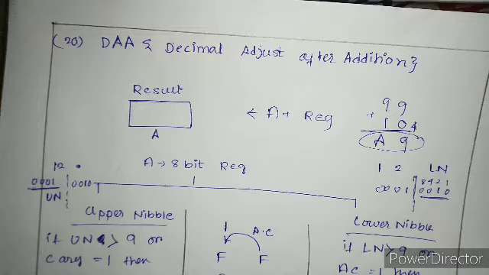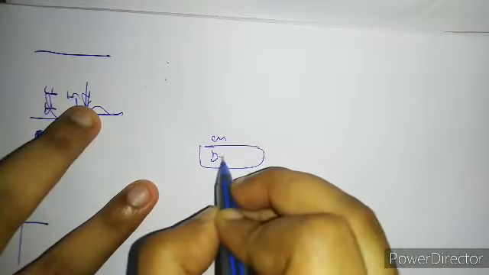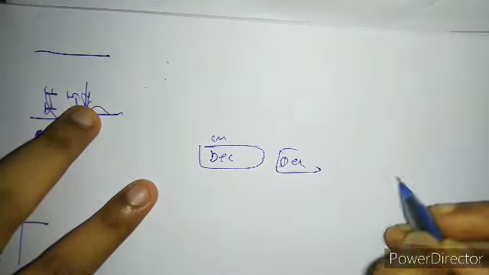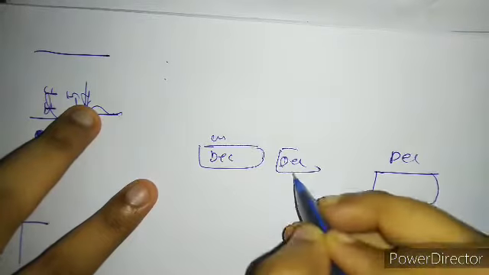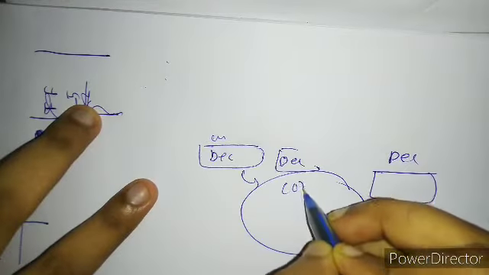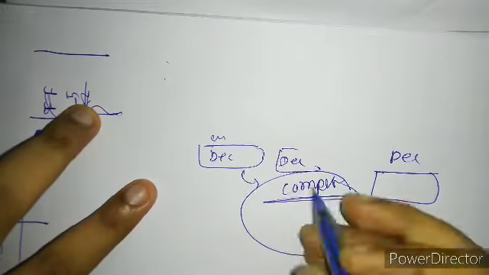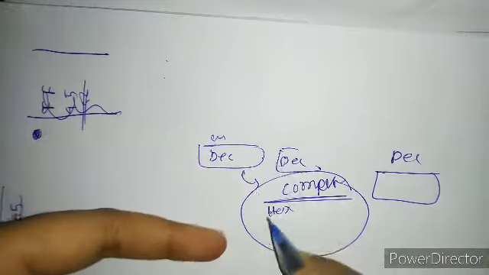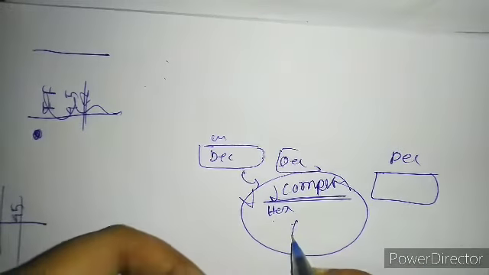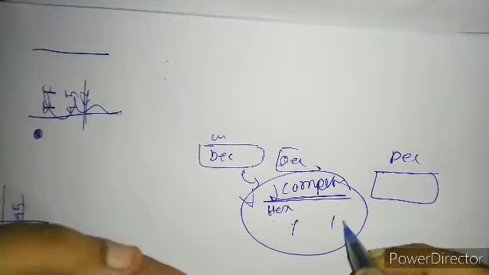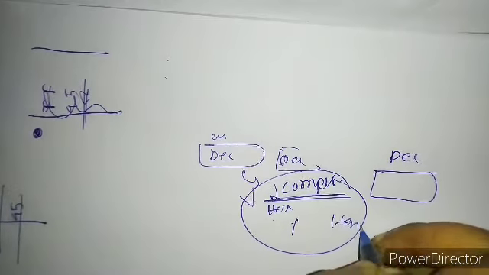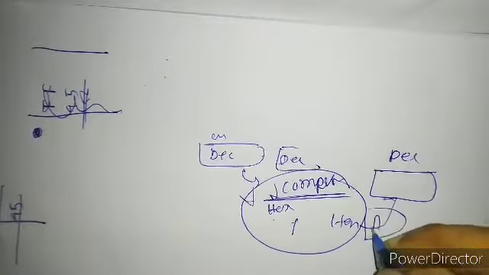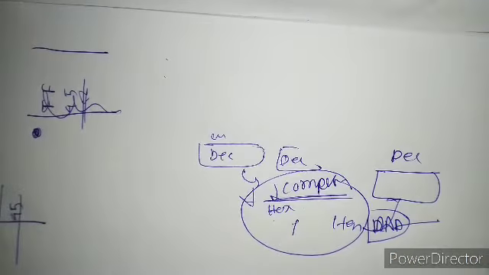But what is happening is that the customer gives two decimal numbers and wants the result in decimal, while within there is a computer that only deals with hexadecimal numbers. So it will think these are hexadecimal numbers, perform the addition, and the result will also be in hexadecimal, but we don't want it; we want it as decimal. So then DAA will be applied.